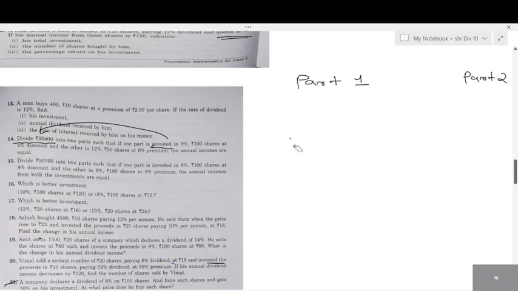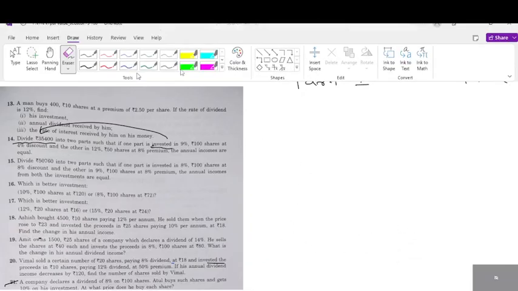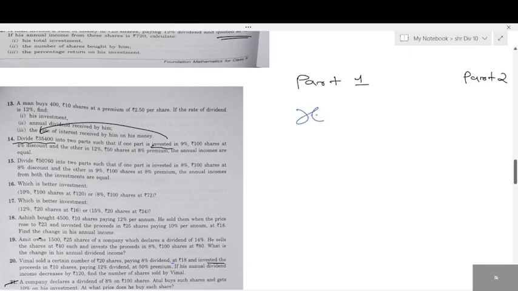Fine. So part 1 you can take 35,400, or we don't know what part 1 is. Let us take investment as X. Now you have rupees 100. Out of 100, 20 rupees you are going to invest in part 1. So how much will you invest in part 2? 80.